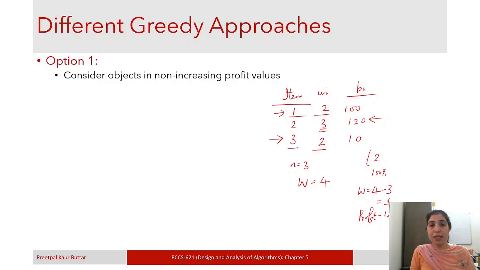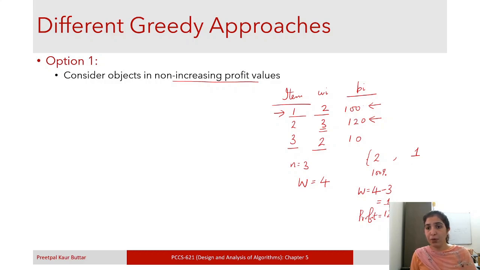But what is the order in which we are picking the items? We are picking them in non-increasing profit values. So out of item 1 and item 3, the maximum profit we get is by picking item 1. So we will pick item 1. Can we choose 100% of it? No, we cannot, because the weight we are left with is only 1.